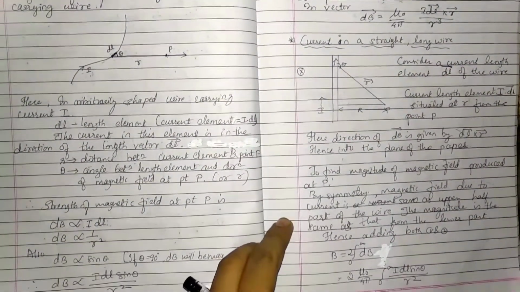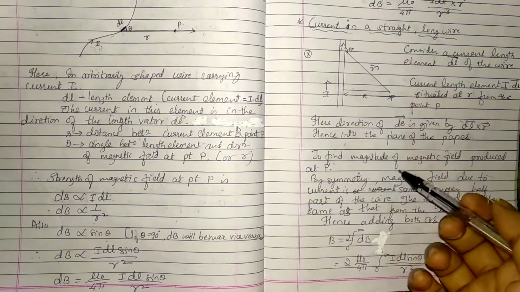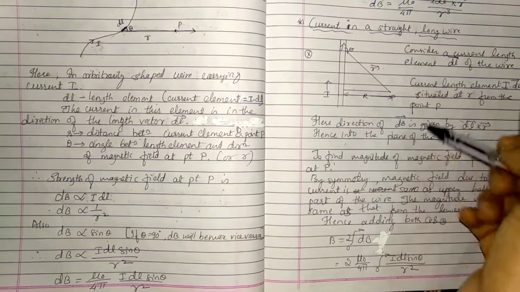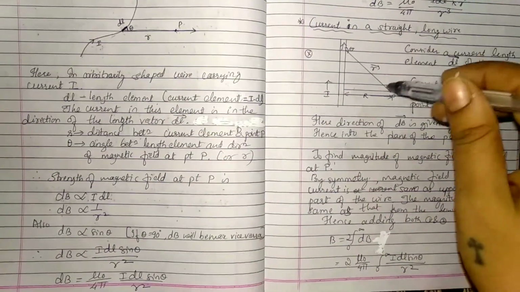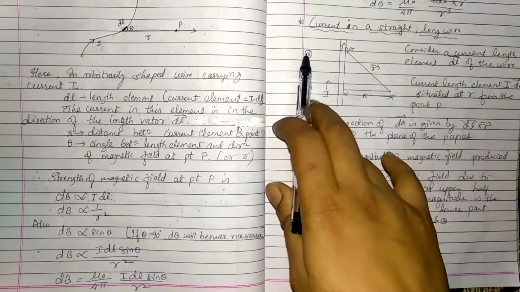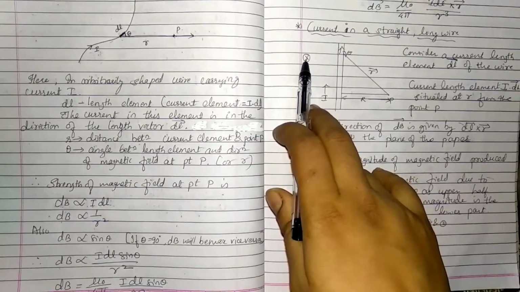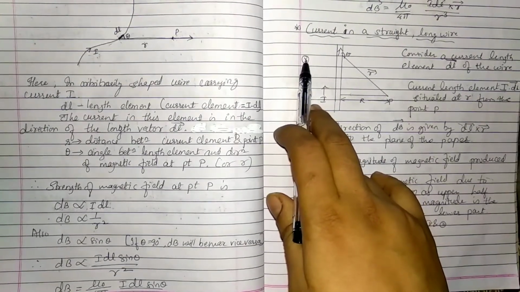Like that, if you apply Fleming's right hand rule over here, you will find that the direction of dB is into the plane of this paper. So I have taken a cross section, and a circle over here, and as I already explained, sign conventions are based on the screw rule.